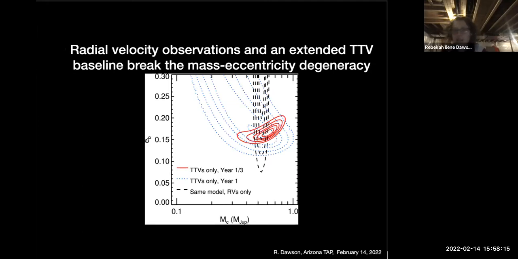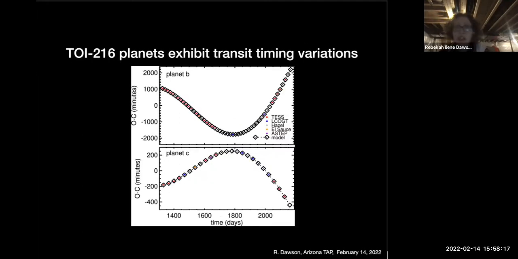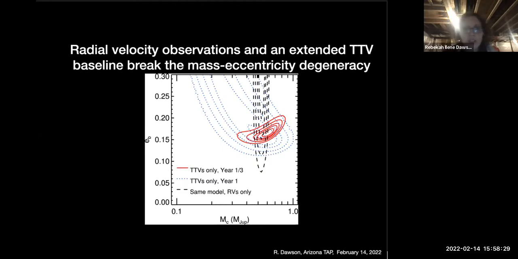One challenge with these transit timing variation measurements that we now have for a number of systems is that there's often a degeneracy when you try to characterize the system between mass and eccentricity. So you can see some orbital probability distributions here, where just for now, look at the blue one.